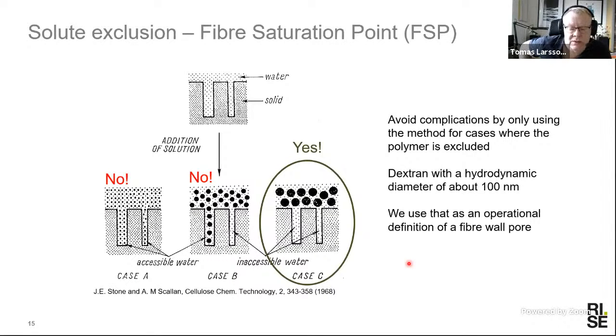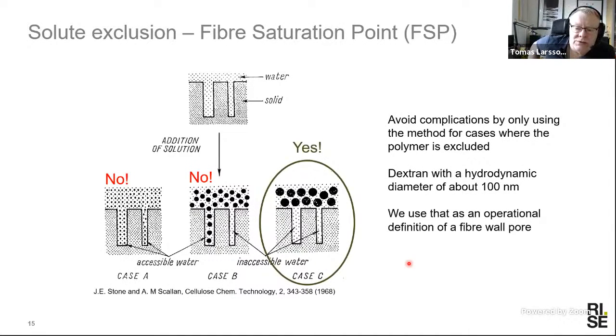We only use the extreme limit of the FSP method, where we have a very large dextran molecule. It's a commercial dextran that's 2 megadalton that has a hydrodynamic diameter of about 100 nanometer. And we only use it in a limit where none of the polymer can enter into the fiber wall pore system. And that means that we are free of at least some of the complications with the method.